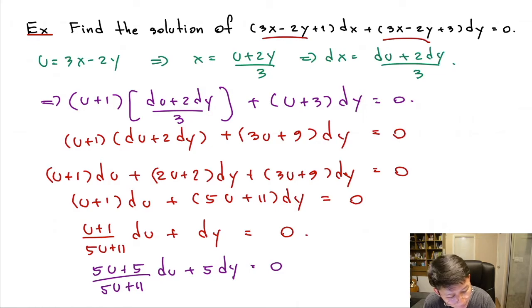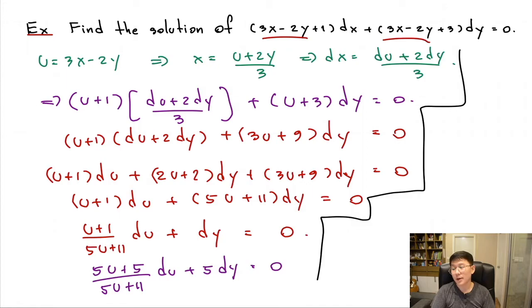Why did I do that? You're gonna see in a minute that it turns out to be easier when I multiply the whole equation by 5. Let's look at these guys first. Okay, it's separable, so I integrate this and this, plus c. We have done that many times, right? So I'm gonna get speedy here.